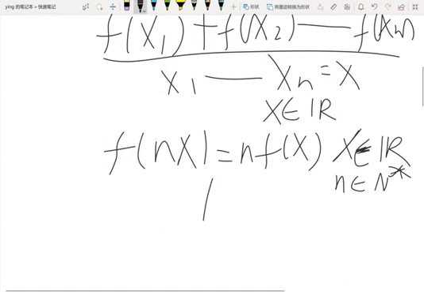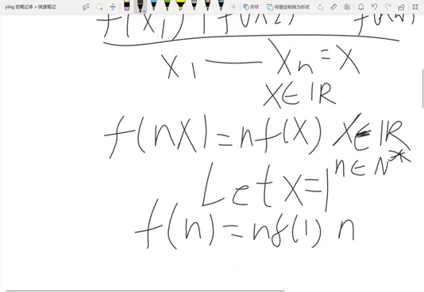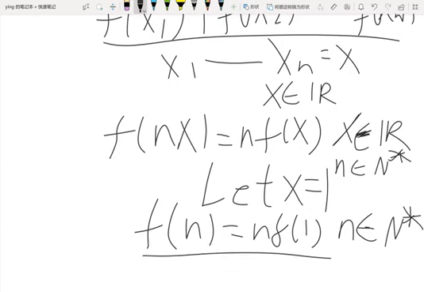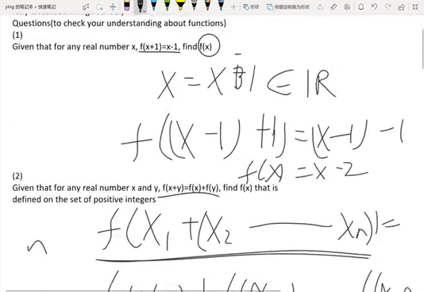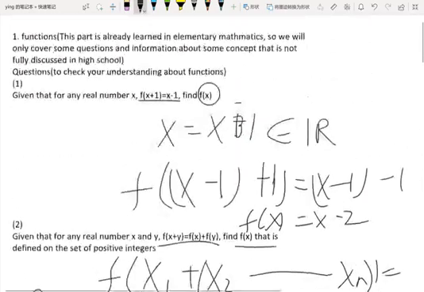So here we let x equal 1, and because n is a positive integer, this directly gives us the expression of f(x). So the problem is solved.